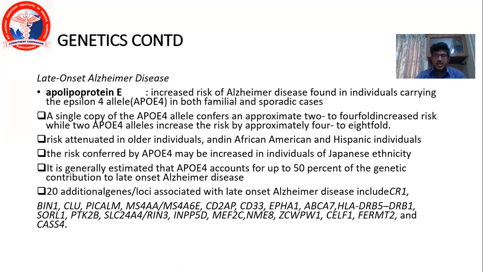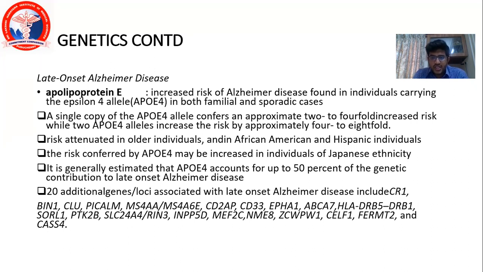It is generally estimated that ApoE4 accounts for up to 50% of the genetic contribution to late onset Alzheimer's disease. There are also other genes that can cause late onset Alzheimer's disease, which have been listed here, but the main player is apolipoprotein E4.